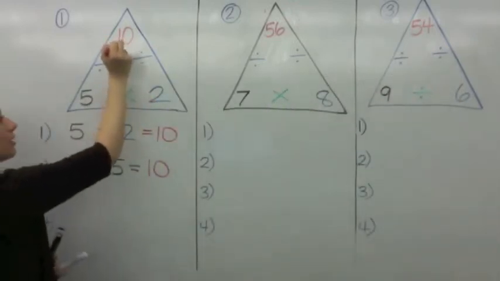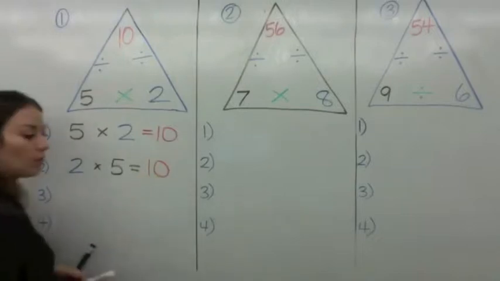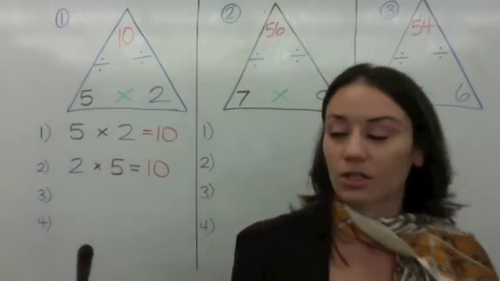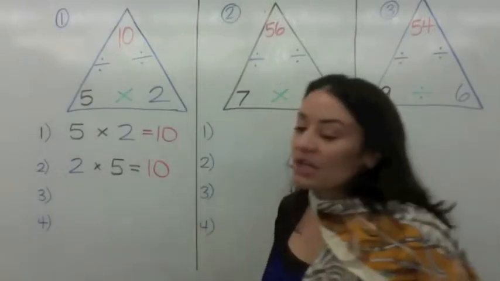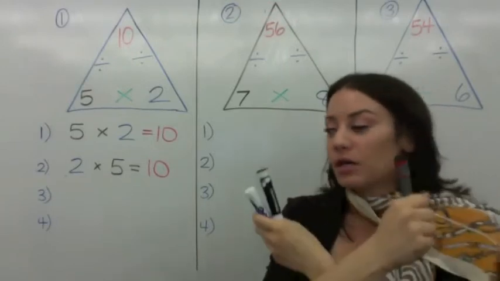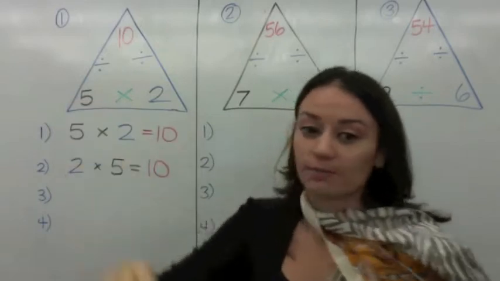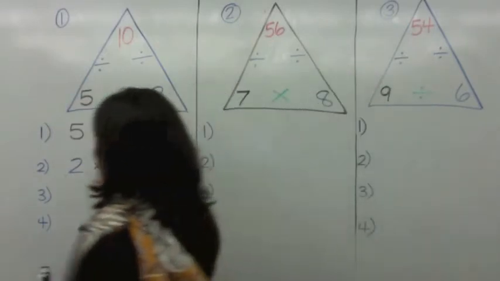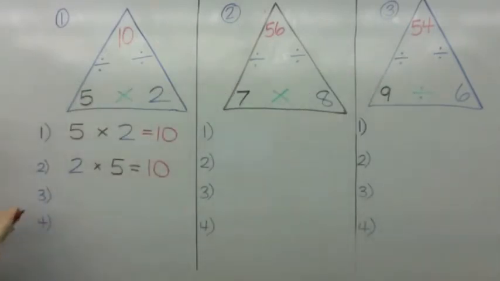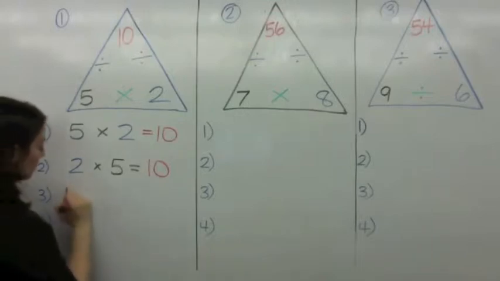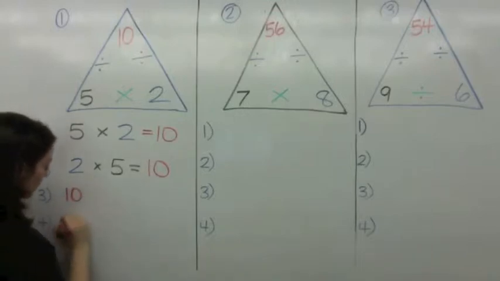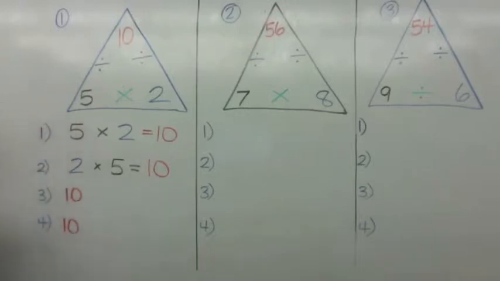Now I want you to take a look at the top of the triangle. I've said that it is the answer to a multiplication table, right? Well, when you do the opposite of multiplication, that's known as division. So there's two more equations you could write with division. They're both going to start with the answer to the multiplication table.